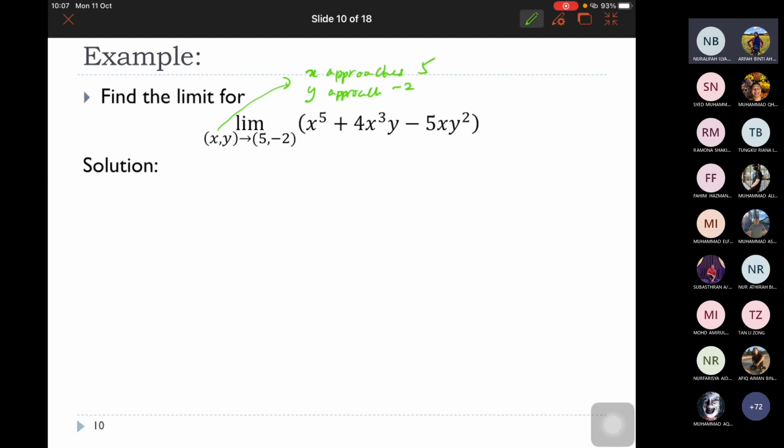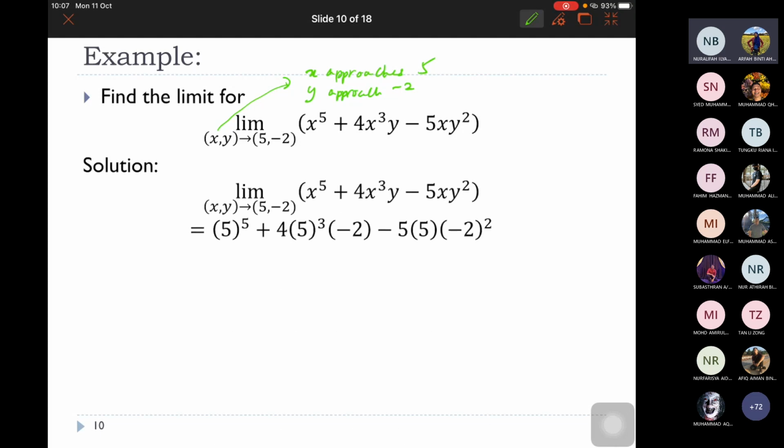So what is the value of the limit of this function? It approaches 5 and also negative 2. Substitute the value. When you substitute into the function x to the power of 5 plus 4x cubed y minus 5xy squared, the value will also approach 2025.